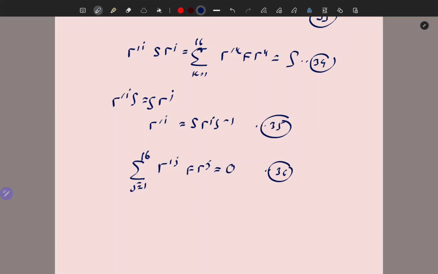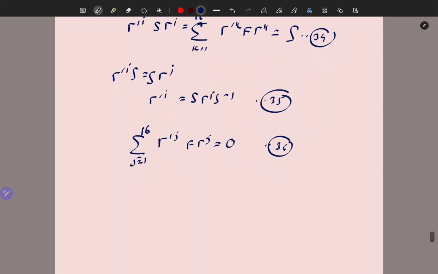This is 36. Now as F is arbitrary, we take F to have only one element non-zero, say F_{μν} equal to δ_{μμ0} and δ_{νν0}, where μ0 denotes an arbitrary index pair.